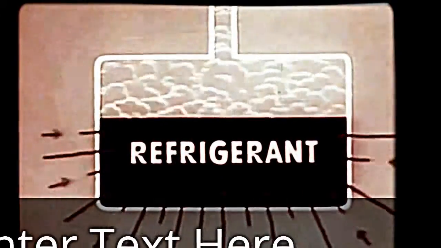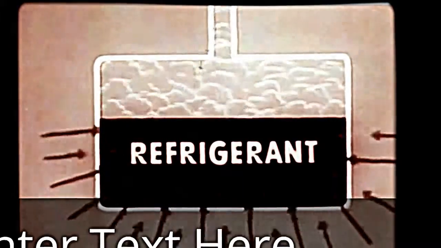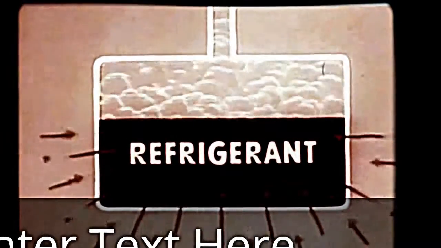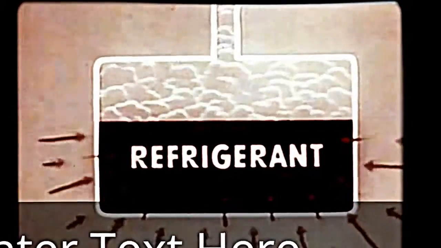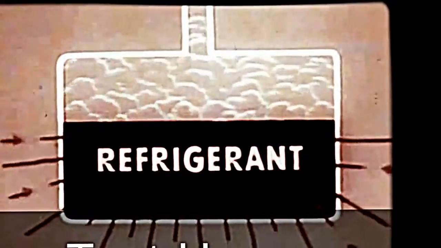The substance which soaks up heat during evaporation to create coolness is called a refrigerant. Its function is to remove heat from one place, leaving that place cool, and to discard this heat elsewhere while it is being changed back to a liquid.